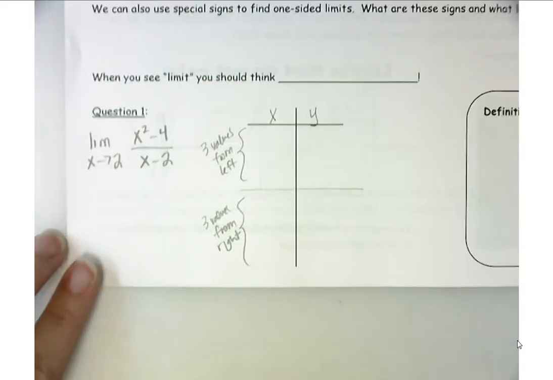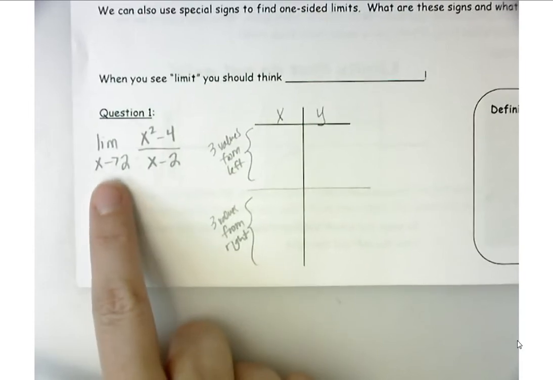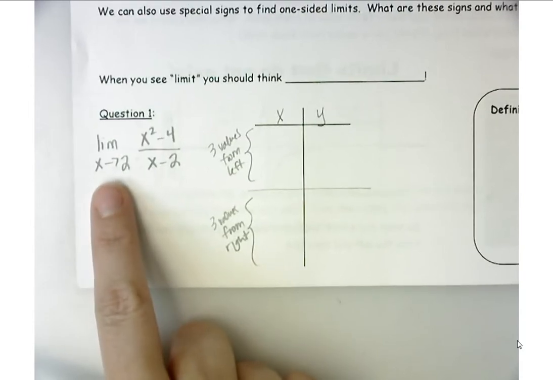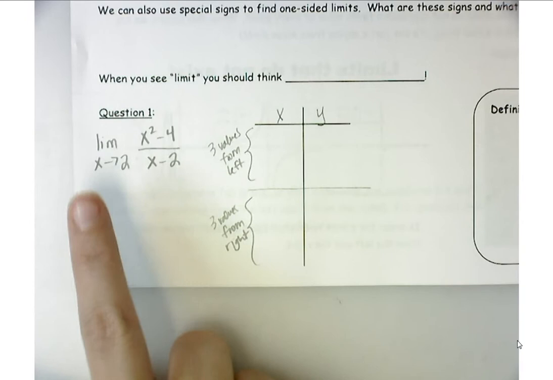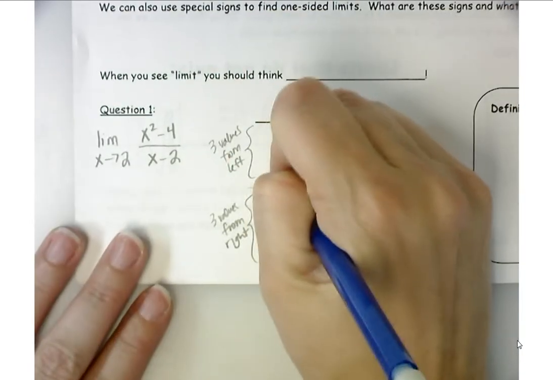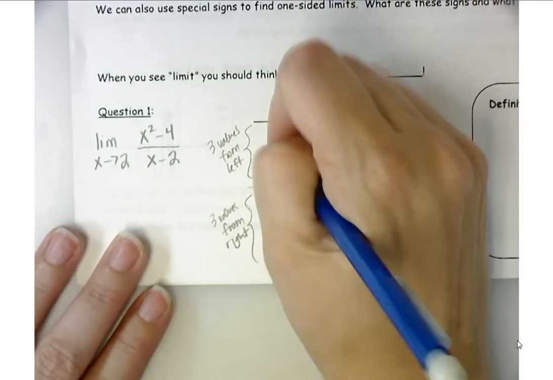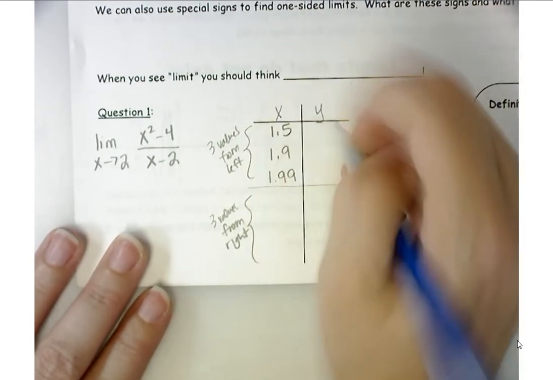Okay, now you can choose really whatever 3 values you want, but you do want them to get closer and closer to whatever your limit is. So see how for this one it says the limit goes to 2? Okay, so when I think of numbers that are close to 2, we might start with like 1.99, 1.9, maybe 1.5.